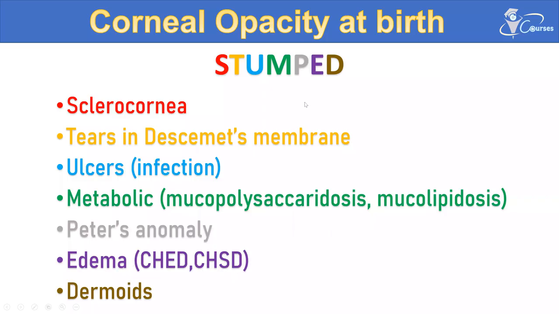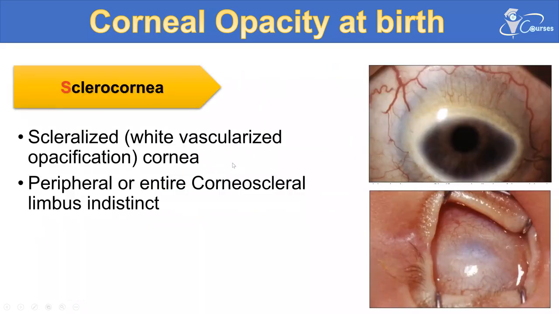So let's start with the first one, which we already discussed, the sclerocornea. As we just mentioned, it is a sclerization of the cornea.